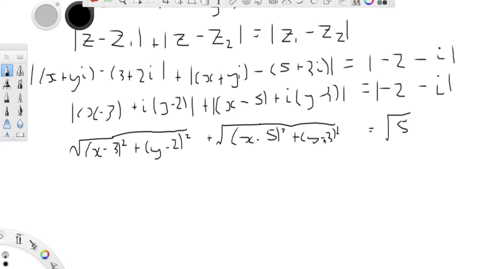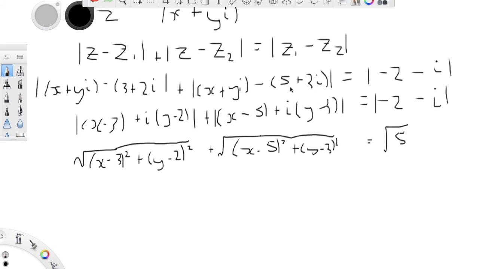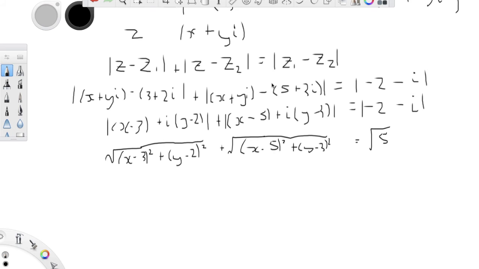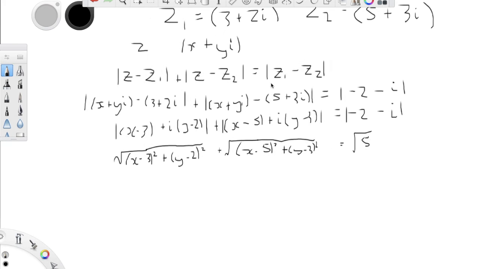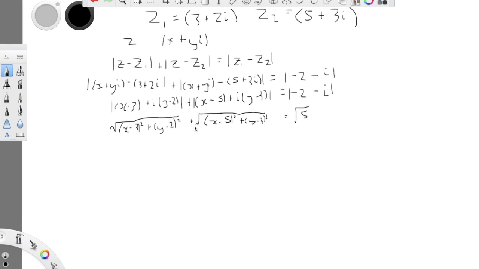Now, what would this actually look like? What we can do is find our endpoints. We can prove what points fit onto this equation, because this is a Cartesian equation for this. So first of all, let's graph this and see why this is the rule and why this works.